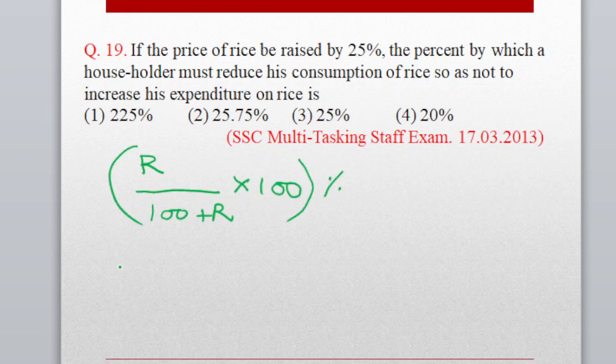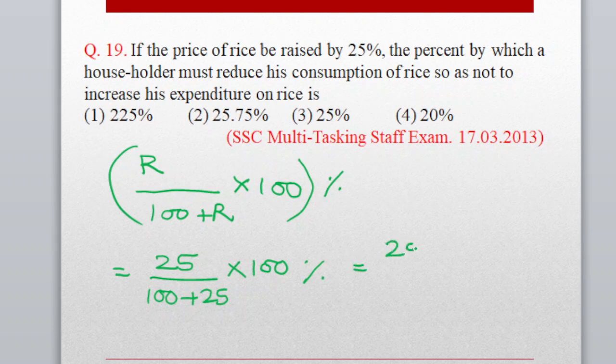Now here R is 25. So 25 by 100 plus 25 into 100. This is the percentage. Now that is equal to 25 by 125 into 100 percentage.